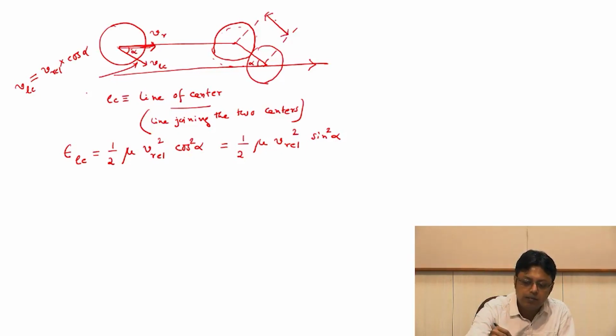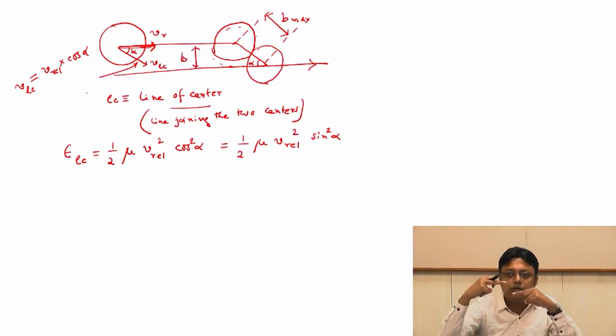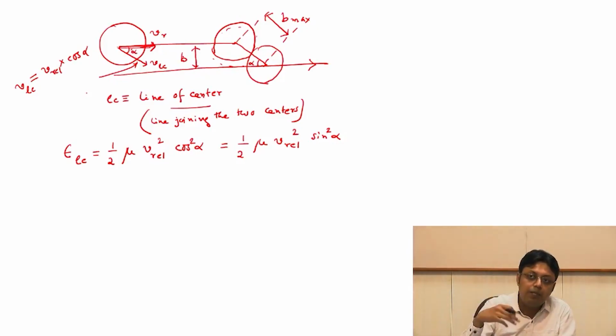So this is B max, and this I'm calling B. B is a variable, the center to center parallel distance, which can be at most B max. From this triangle, this side is B max, this side is B, and this angle is alpha. So sine alpha will be nothing but B by B max.